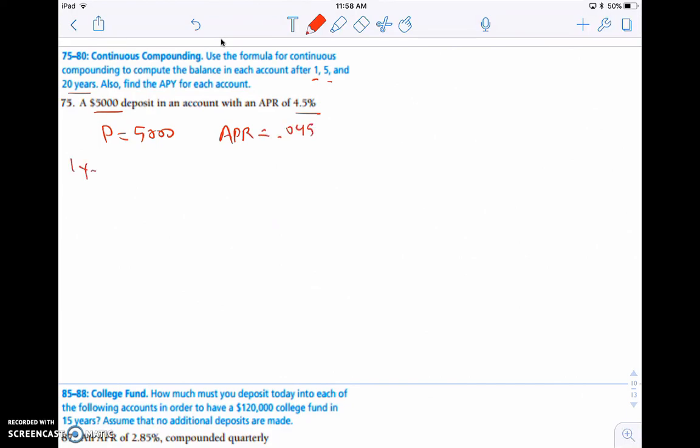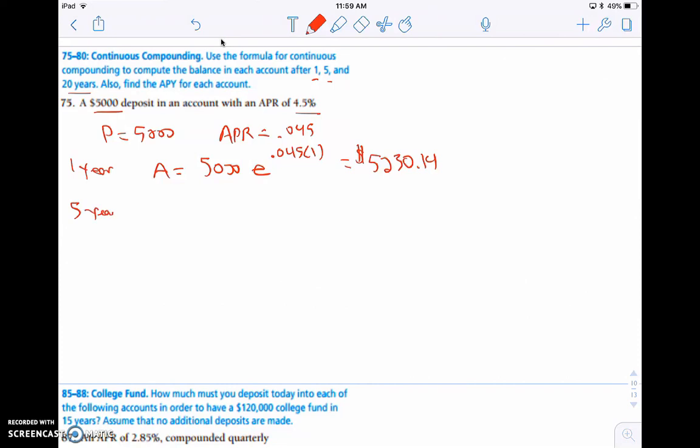After 1 year, where the year equals 1, we get the amount equals 5,000 times E, and you can use that in your calculator, it's approximately 2.71, raised to the APR times the number of years power. When you do that for 1 year, you should get about $5,230.14.